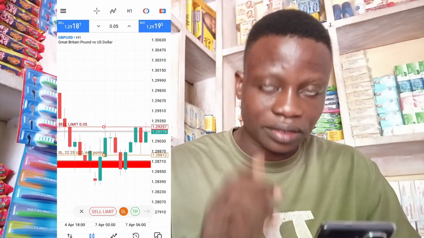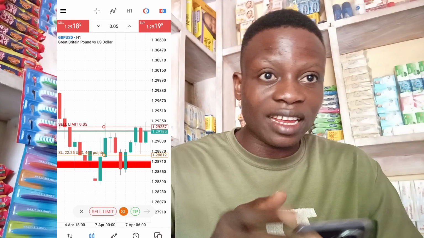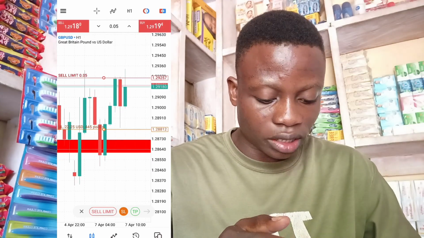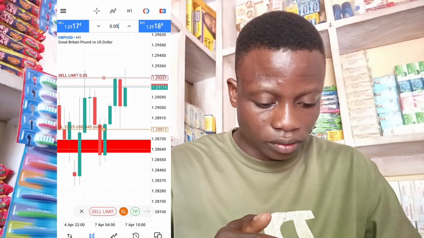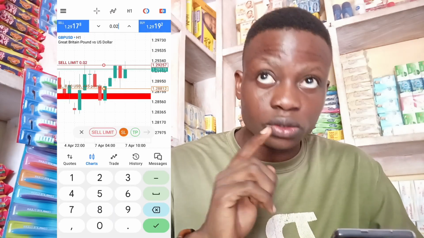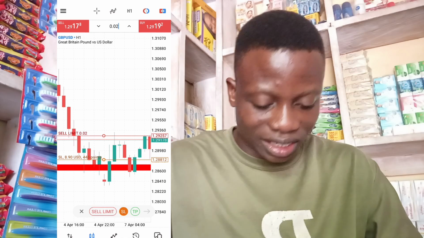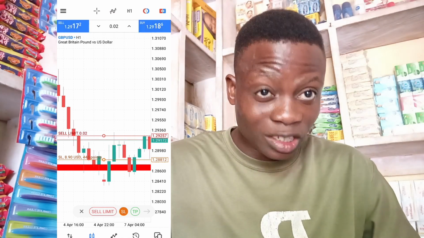Then if I reduce the lot size to 0.02, see what it will bring out. It will bring out $8.9.